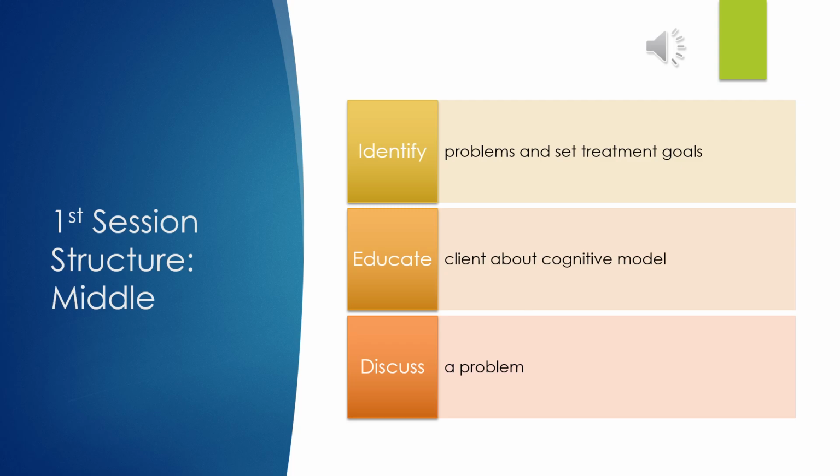And when you do this, your clients might bring up some behavioral, emotional, or physiological issues that directly impact their functioning in their daily activities. You can use that to educate your clients about the cognitive model, and then further discuss that particular problem.